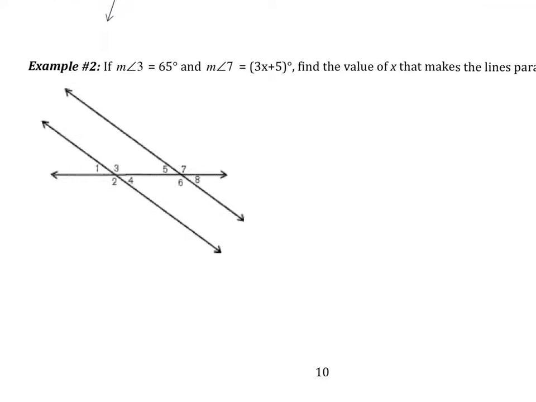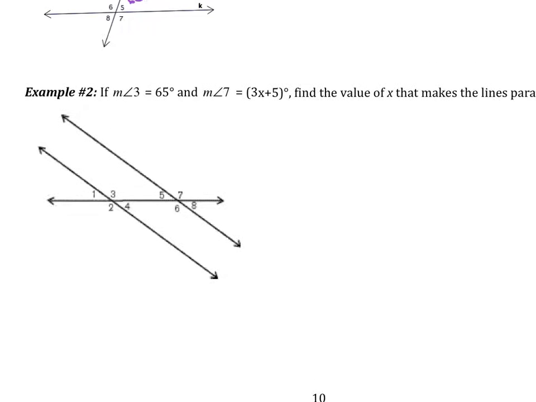All right? And like I said, a lot of the stuff we're going to do today is very similar to what we did yesterday. So if angle 3 is 65 degrees and angle 7 is 3x plus 5. Find the value of x that will make these lines parallel. Ideas. Set them equal to each other. Okay, I heard set them equal to each other. 65 is equal to 3x plus 5.